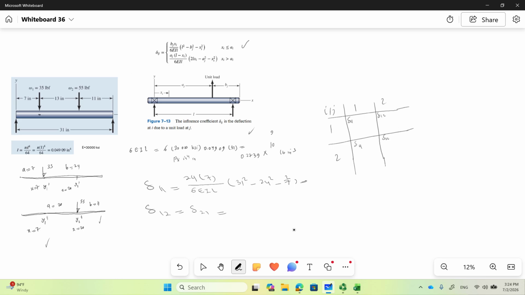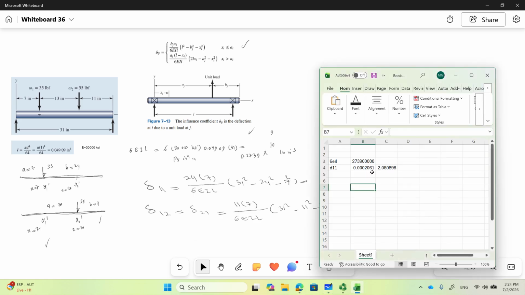So let's do it. For this guy, first case, right? So what is B? 11. X is still 7. And then divided by 6EIL. And then L is 31 squared minus B, this time 11 squared, and then X is 7 squared. So this is influence coefficient 1,2. So let's calculate that.